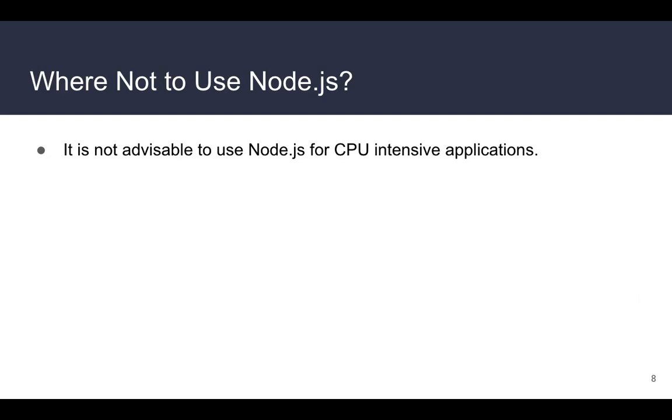All right, so let's also talk about when not to use Node.js. As I told you, one of the biggest disadvantages of Node.js is that it is unable to perform heavy computation tasks. Node.js is capable of executing JavaScript code on a single thread basis, right? So it uses a single thread.